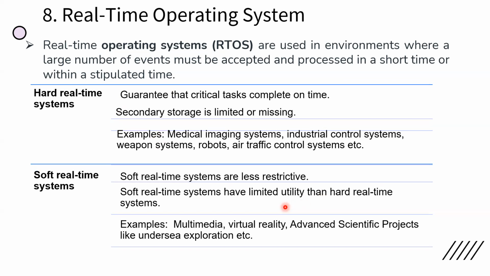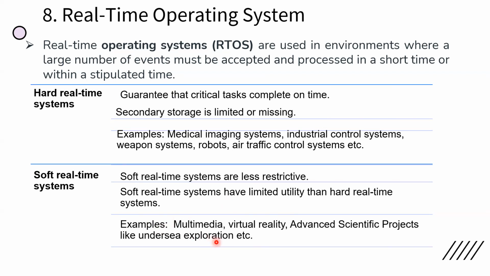So generally real-time operating systems means we need to process the data as and when it is being collected. So there should not be any delay. So only such kind of applications are said to be real-time applications. So soft real-time systems are not that popularly used.